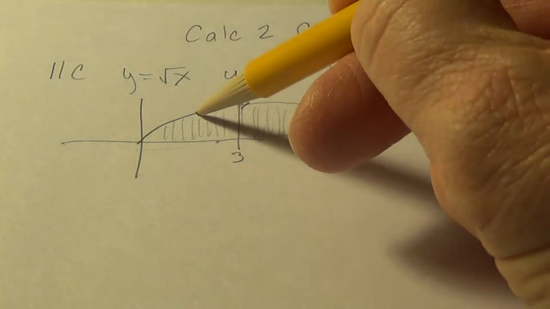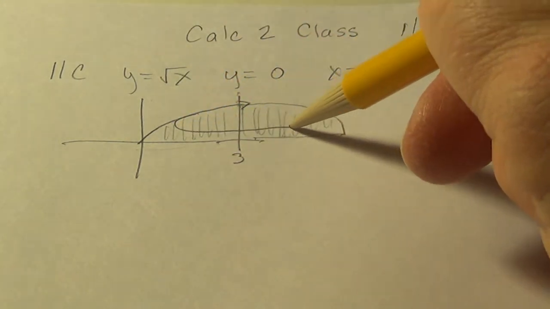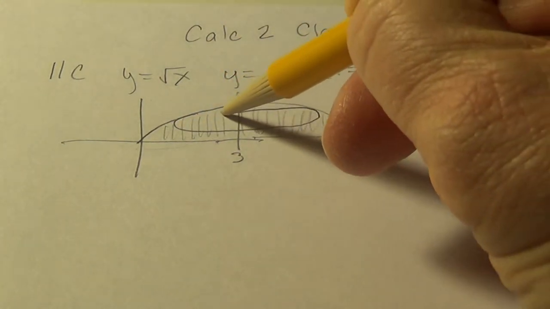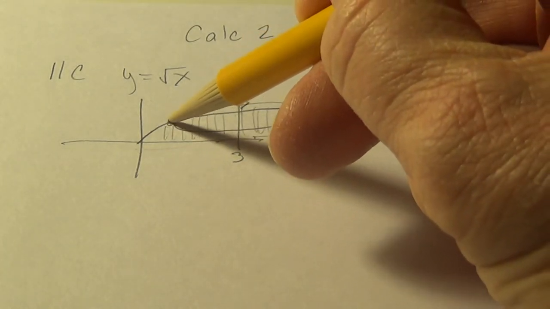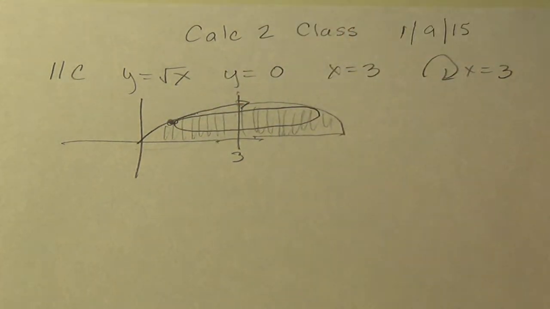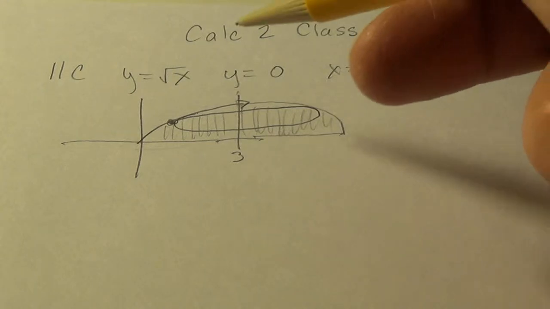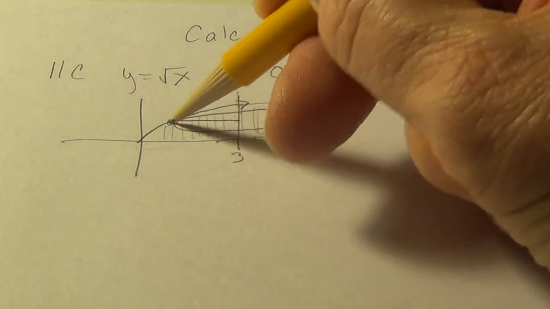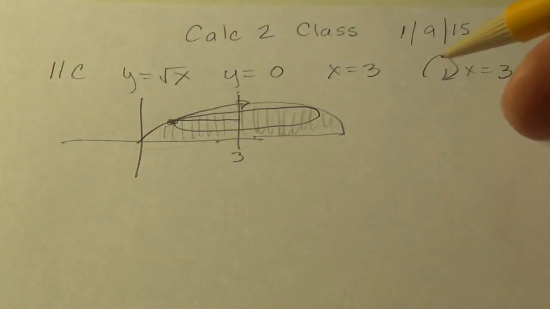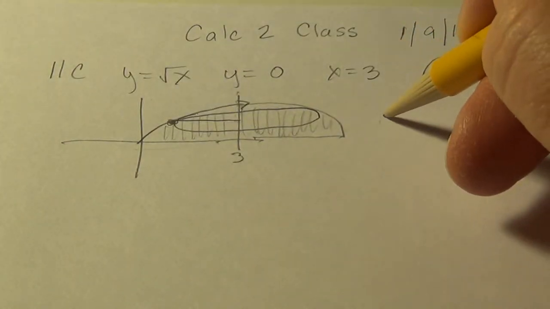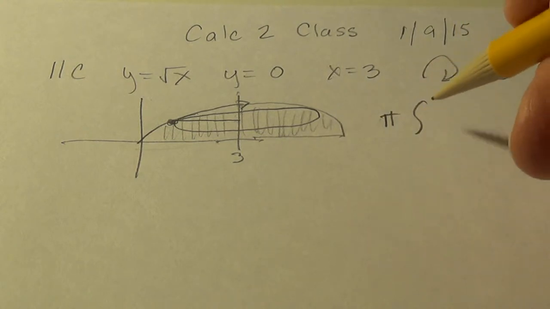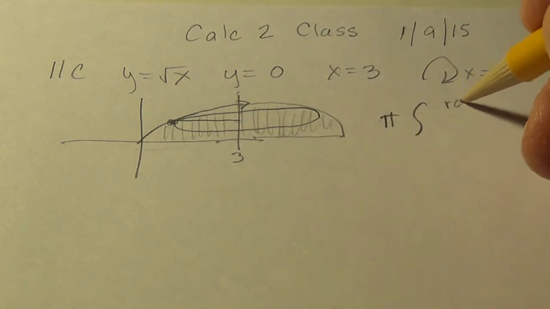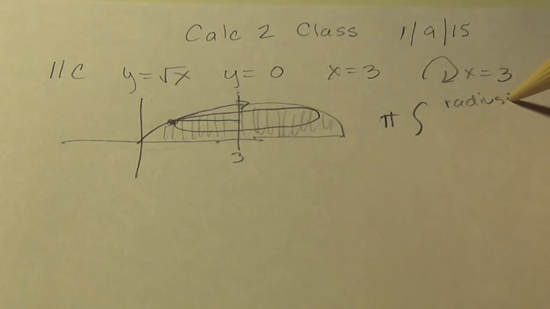And I'll put in a disk. Here's a typical disk that will help us with this problem, and that disk has a radius marked right there. We learned to do this with pi r squared, and the thickness of it is in the y direction, so it's dy.